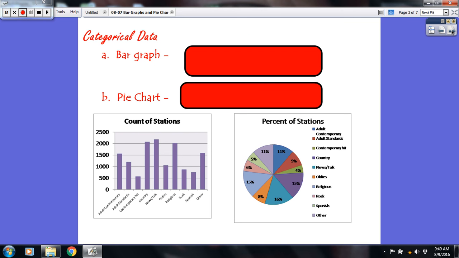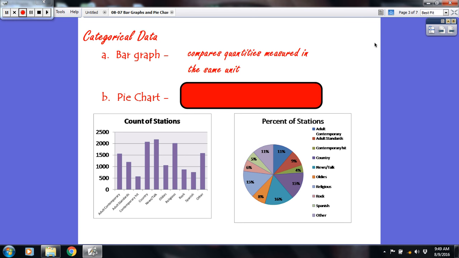So let's talk about the two popular ways that we can display categorical data. Let's talk about a bar graph. I know I mentioned this yesterday, but a bar graph compares quantities measured in the same unit. So that information that we just saw from the frequency table, here we have a bar graph of that same information.